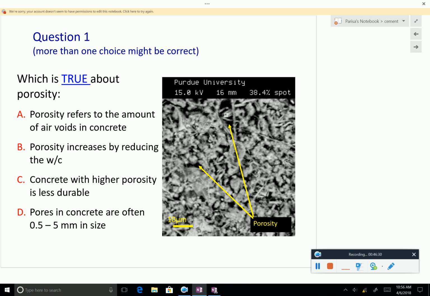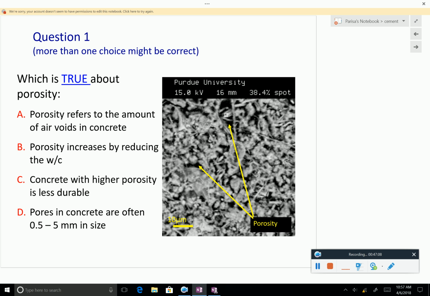Let's say why A is wrong. Why is A wrong? Exactly, porosity is not really looking at air voids per se, it's the capillary pores.